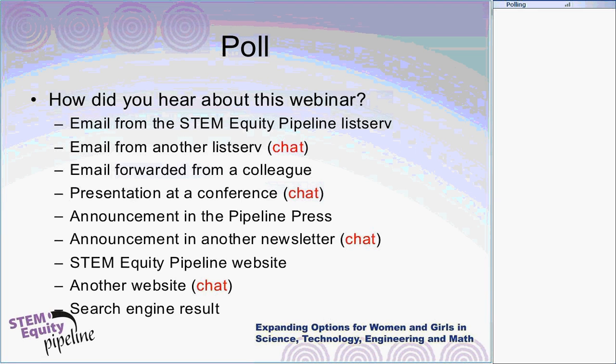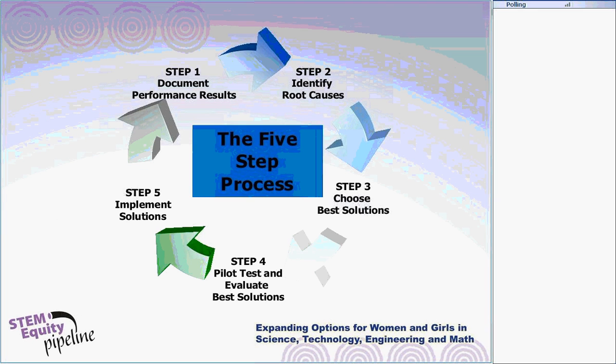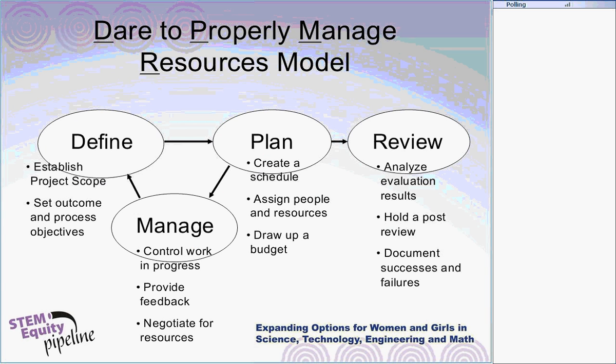Okay, in a second, Greg is going to pop up the polling responses, but I'm going to move on, and when the poll comes back up, we'll take a look at it. Basically, we're now ready to talk about step 5, implementing solutions. The model we're going to look at is up on the screen, but let's pop over and take a look at the poll.